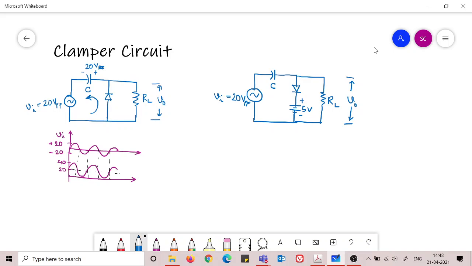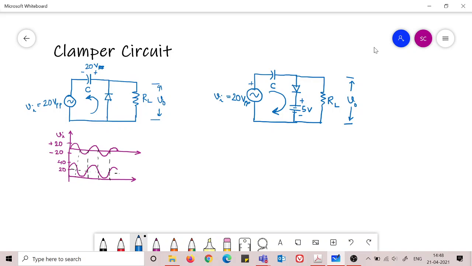Now it is a short. When this is a short, there is a current in this circuit. And this current will charge up this capacitor. To what level can it charge up this capacitor? The maximum voltage that can happen here is 20 volt. There is a plus 5 volt here.